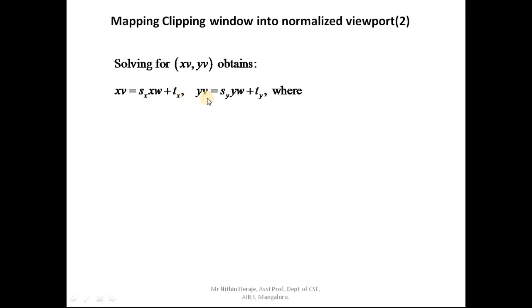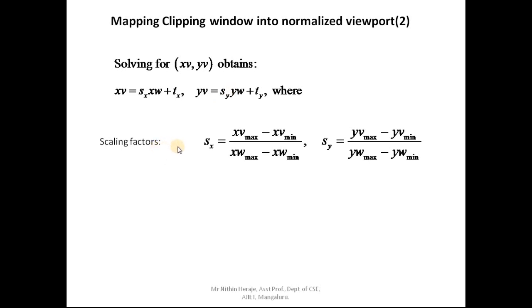Similarly, to find yv, yv equals sy into yw plus ty, where sy is the scaling factor with respect to y and ty is the translation factor with respect to y. Here you can check how to find out sx. Sx is xv max minus xv min divided by xw max minus xw min.